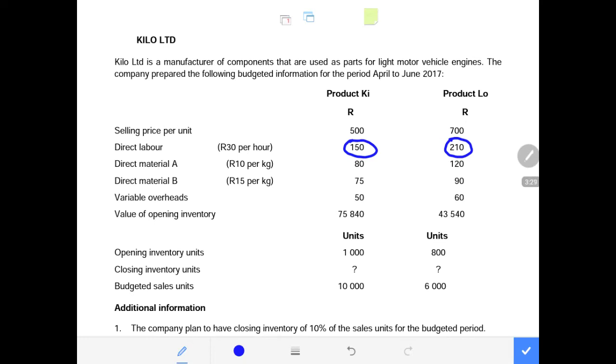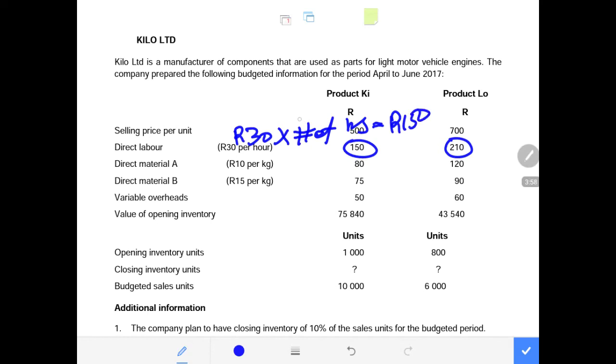What does this mean? It means we can calculate the number of hours it takes to complete 1 unit, because 30 Rand per hour multiplied by the number of hours it took these employees to complete 1 unit gives the cost per unit of 150. We don't know the number of hours.